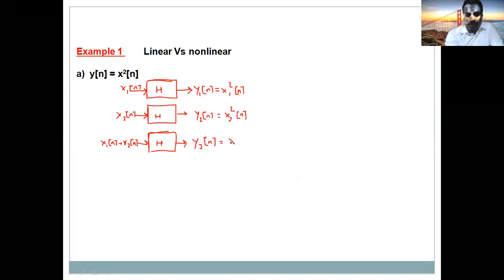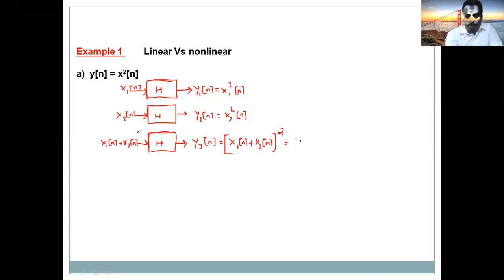What is the input? x1 of n plus x2 of n. This is the input applied as a summation. So we have to make the whole square because it is a squaring device. Whatever input you apply, it is a square. So what is the square of these two summations?